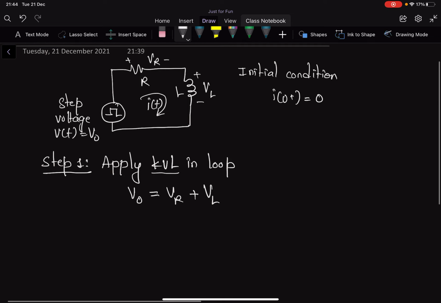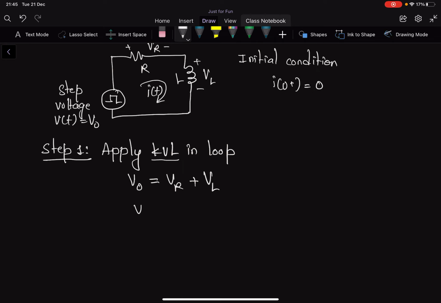Now we can rewrite this in terms of current, because we need to find the current expression. We know V naught is a constant, which is constant voltage in a step voltage. VR is nothing but I times R, and VL is nothing but L di over dt.